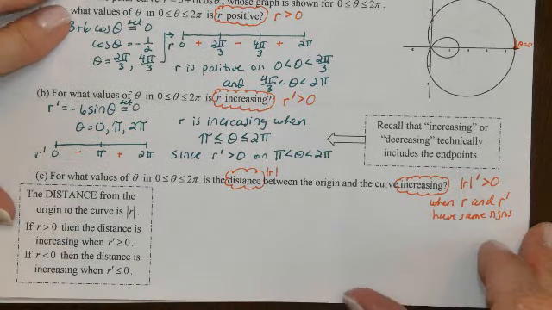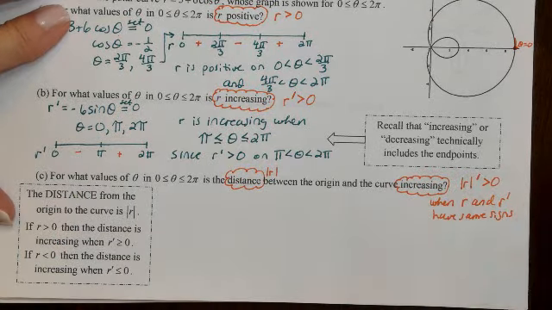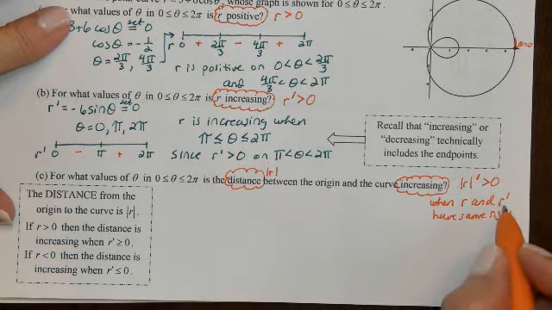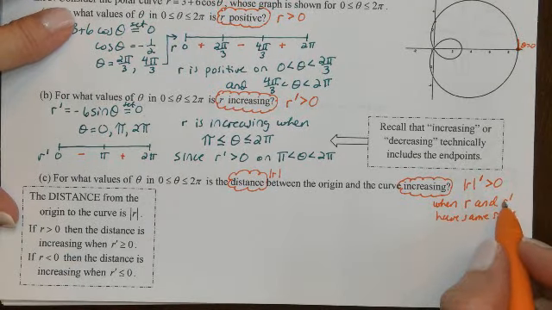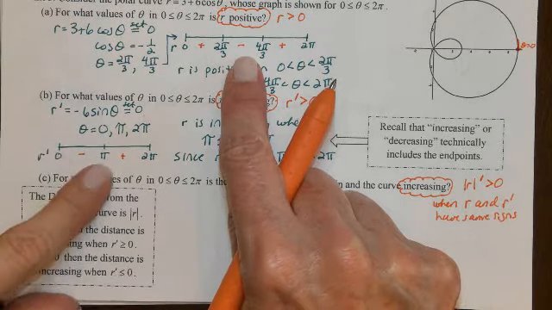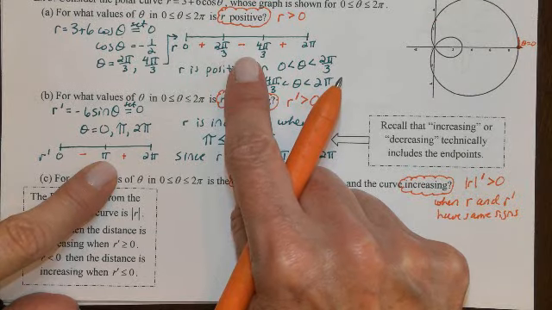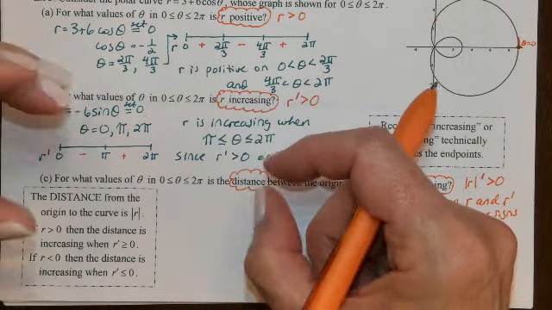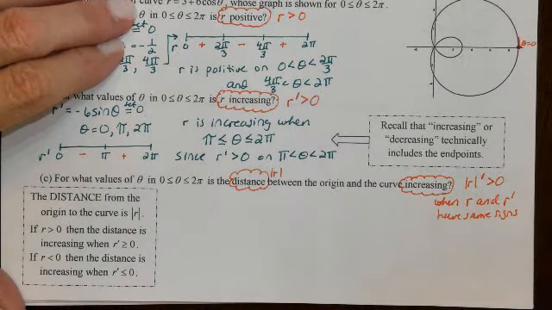So that's what we're going to be looking at. We want to know when r and r prime have the same signs. We've already got the sign charts for both of those. We just need to combine those into one sign chart.